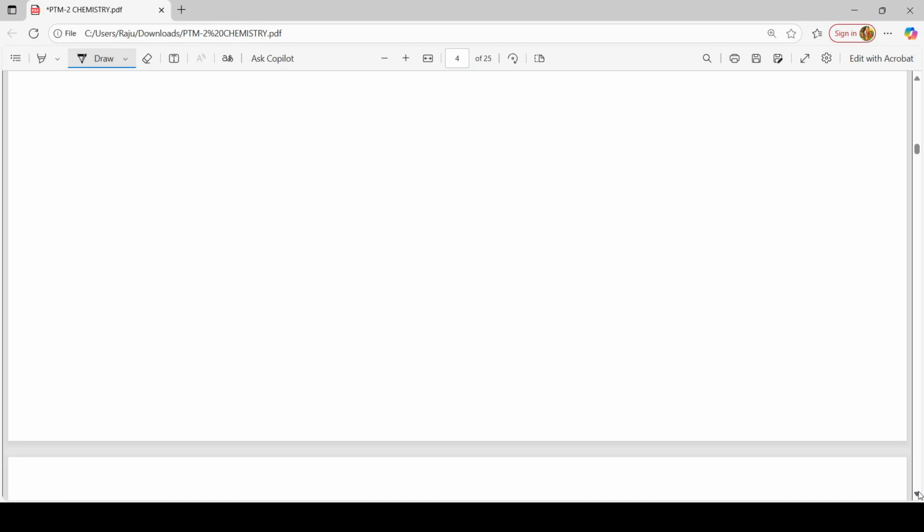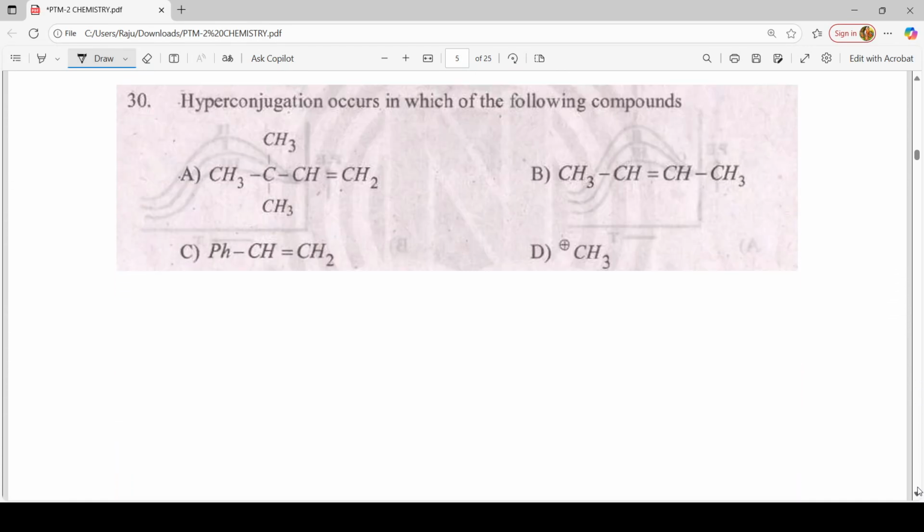Next question. Hyperconjugation occurs in which of the following compounds? Students, if you take option A, there is no alpha hydrogen to the sp3 hybridized carbon.